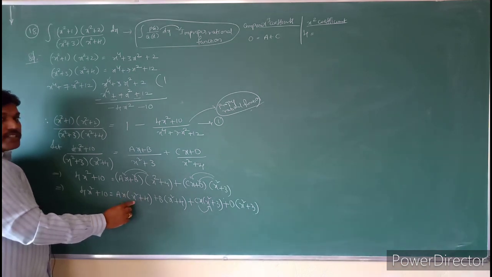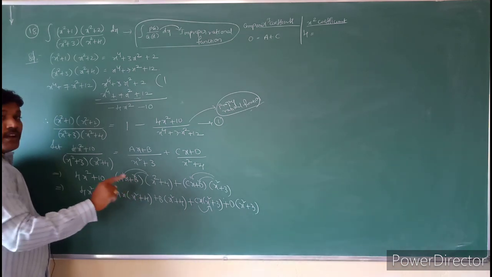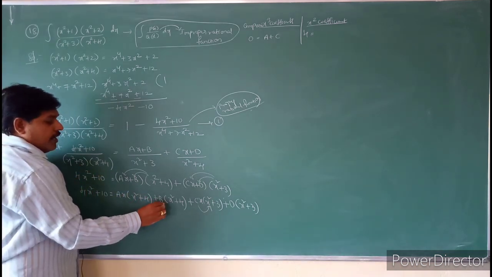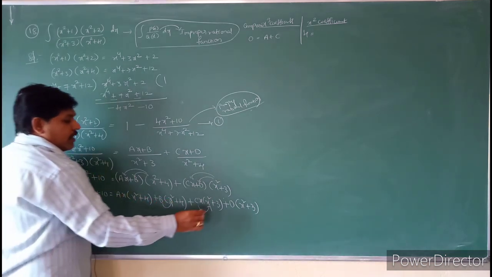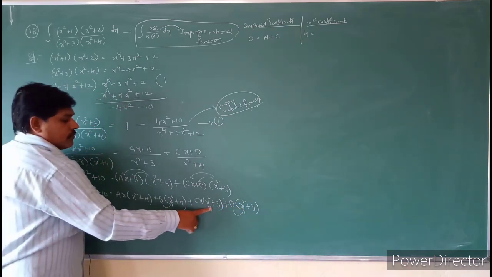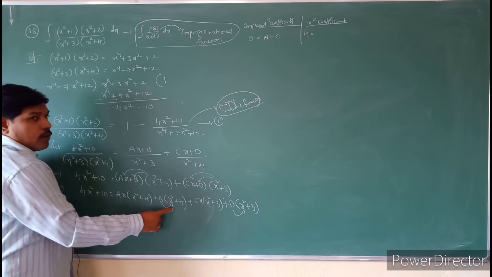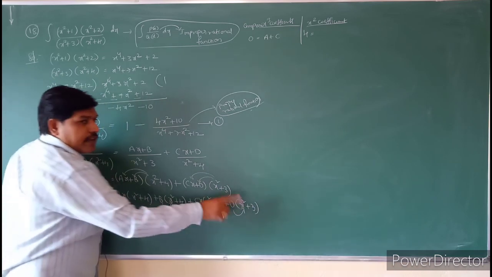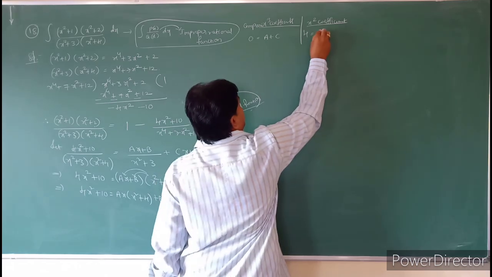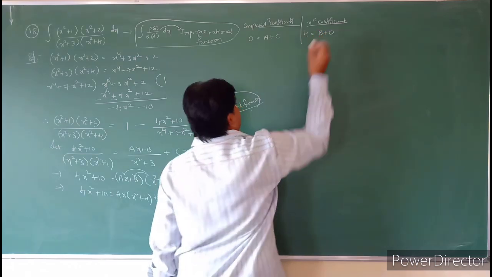Ax into x square is ax cube. Ax into 4 is 4ax. So x square is not there. So here bx square and here dx square. See that carefully. The bx square coefficient is b. The dx square coefficient is d. So in the RHS side you will get b plus d.